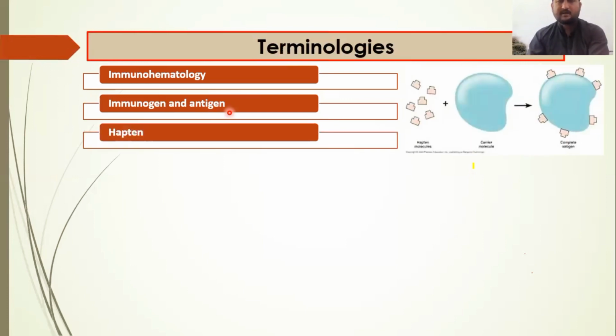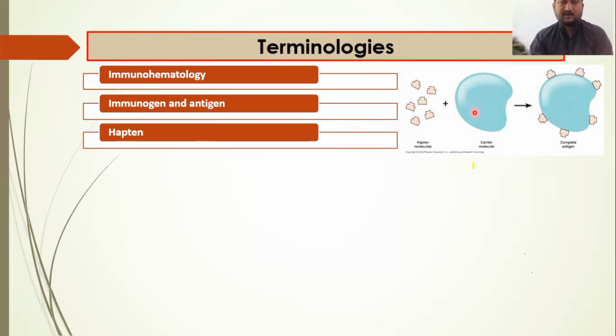So the next one is hapten. Hapten is a Greek word which means to fasten. Many low molecular weight organic molecules, as you can see in this diagram, are not antigenic by themselves, but become antigenic if they bond to a larger carrier molecule such as protein.